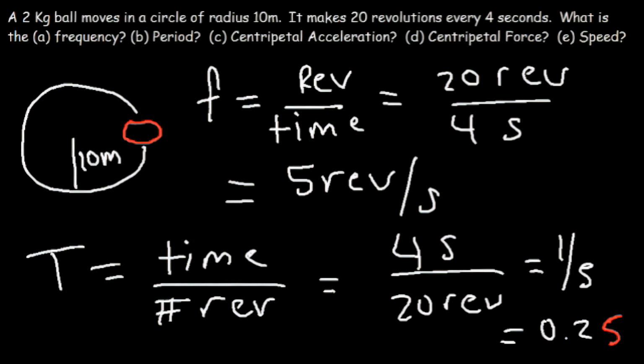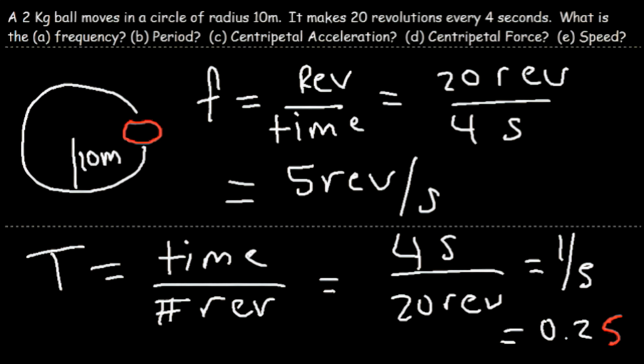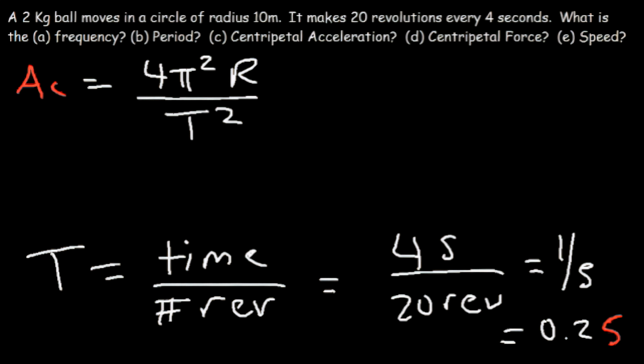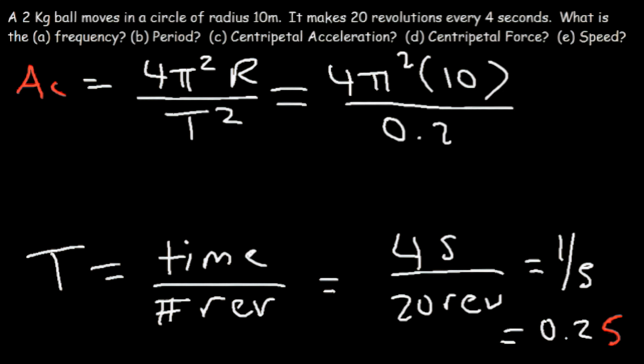Now that we have the period, what is the centripetal acceleration? So we can use this formula to find the centripetal acceleration. It's 4 pi squared times r divided by t squared. So let's plug in the data that we have. The radius is 10 meters, and the period is 0.2 seconds.